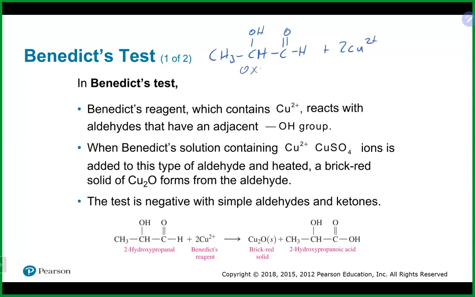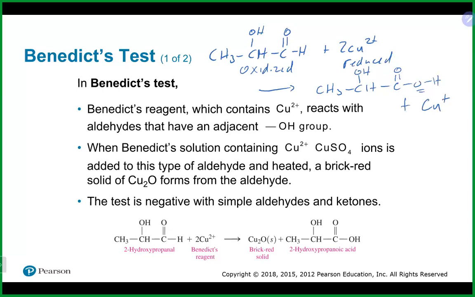The aldehyde is going to be oxidized, and our copper is going to be reduced. Our aldehyde will become a carboxylic acid, where we insert our oxygen right there, and our copper will go from copper 2 to copper 1.